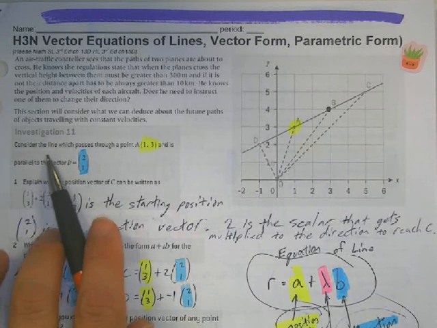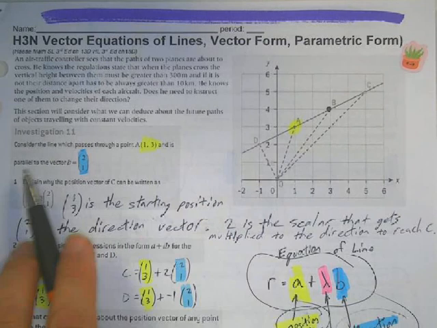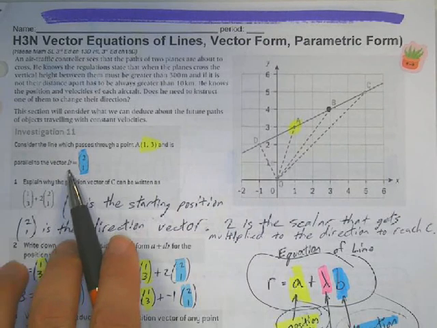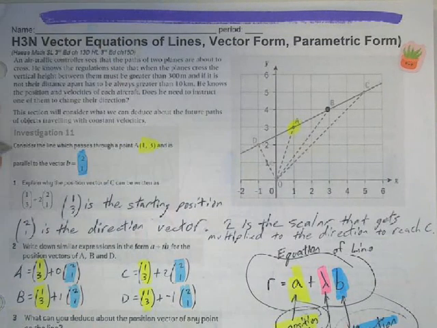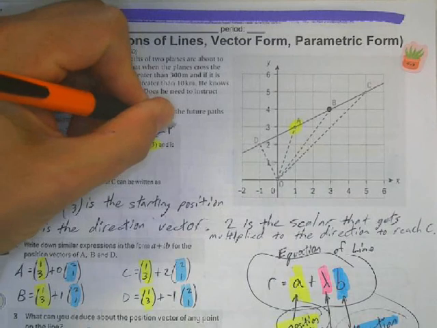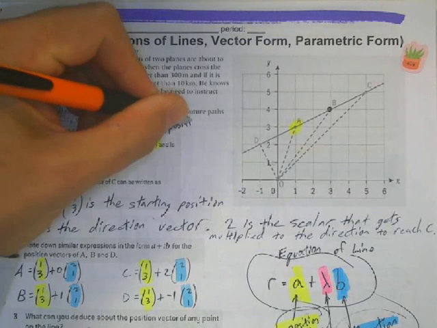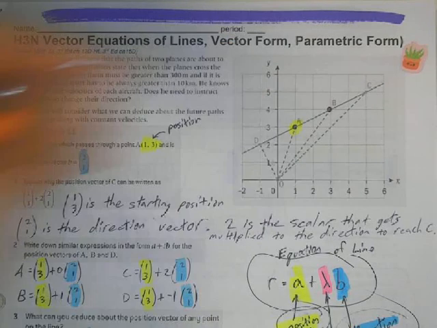Consider the line that passes through point (1, 3) and is parallel to vector b. So what we're given here, it passes through this point. So this is our position vector. It's a position on our line right there, right?